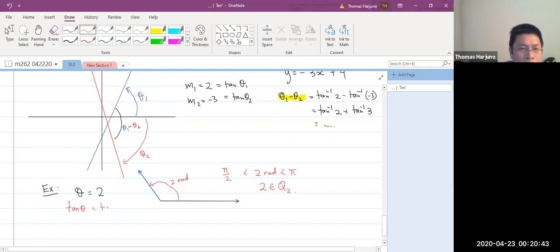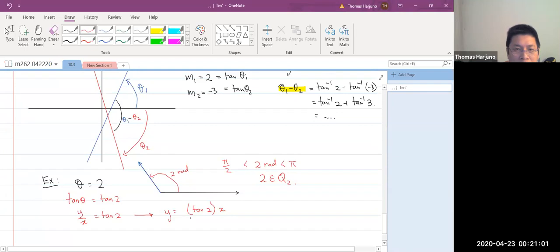Tangent theta equals tangent 2, y over x equals tangent 2. So y equals tangent 2 times x. Now, if you use a calculator, you will get a decimal for this, but you can just leave it like that actually.